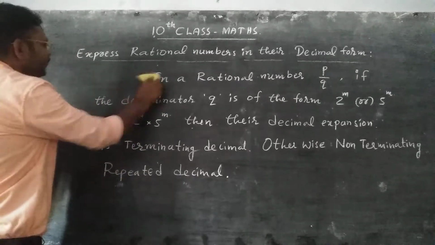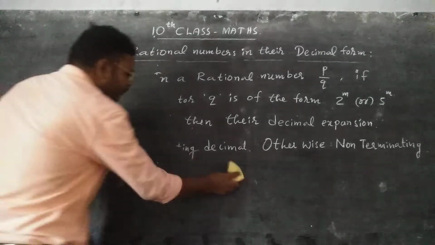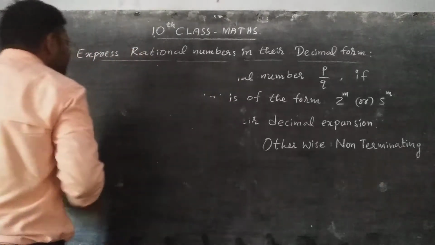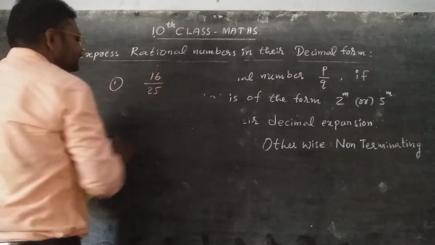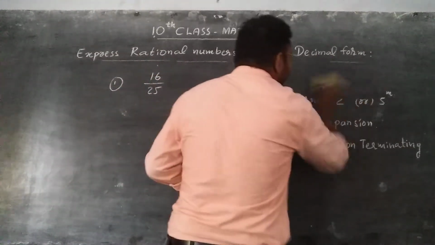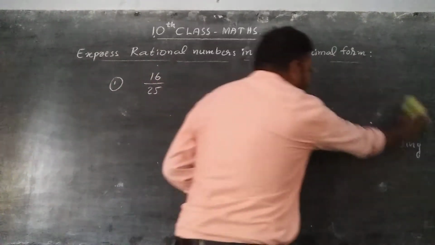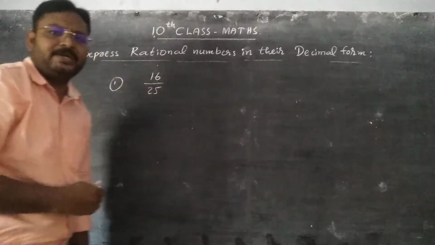For example, take the first problem, 16 by 25. 16 by 25 is a rational number in the form of p by q.